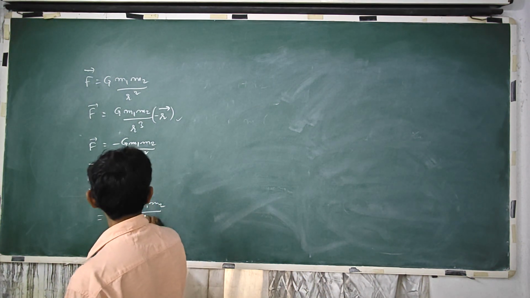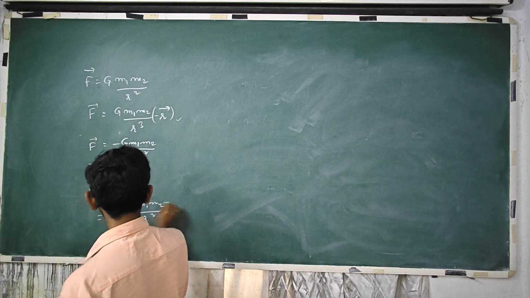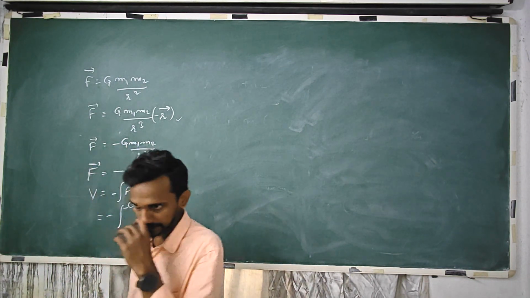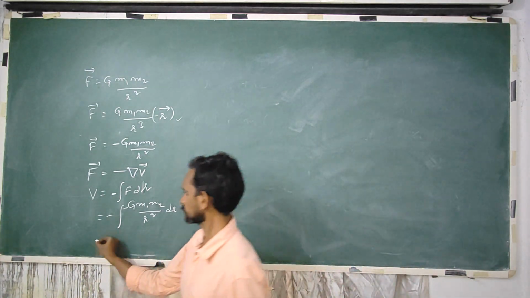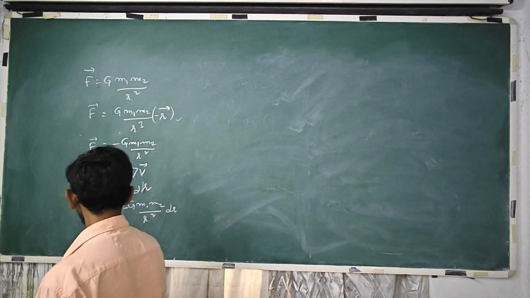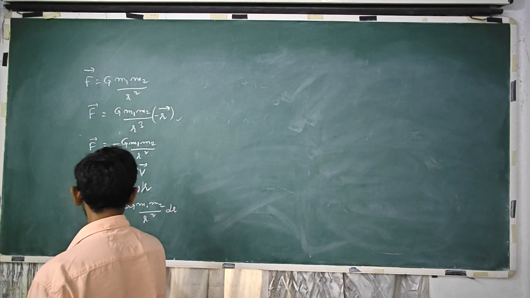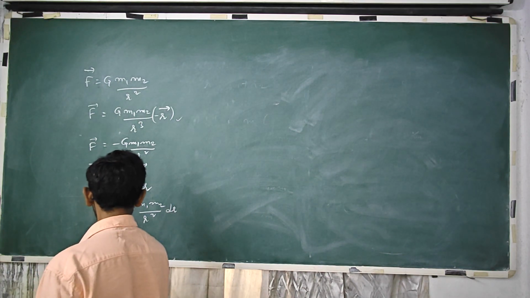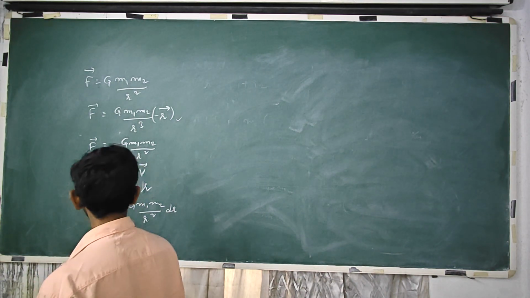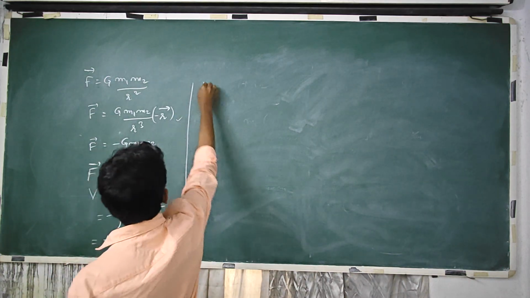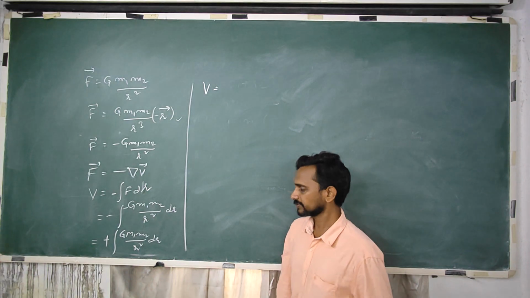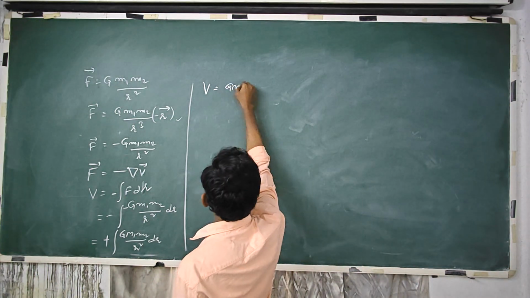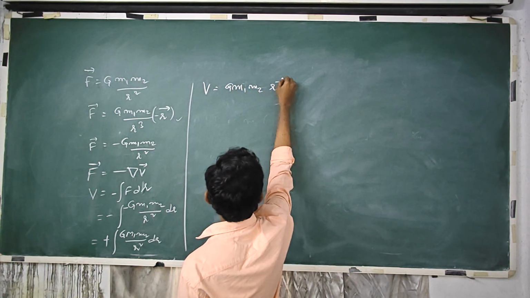Minus of minus G m1 m2 by r square dr, so it is plus G m1 m2 by r square dr. So what do you get? G m1 m2 r power minus 2.